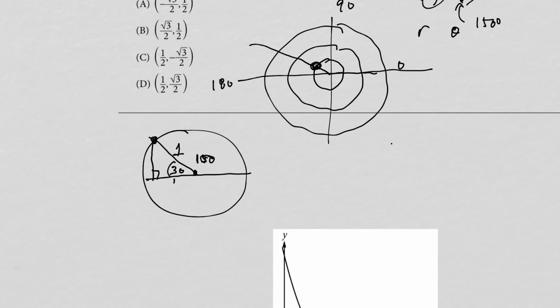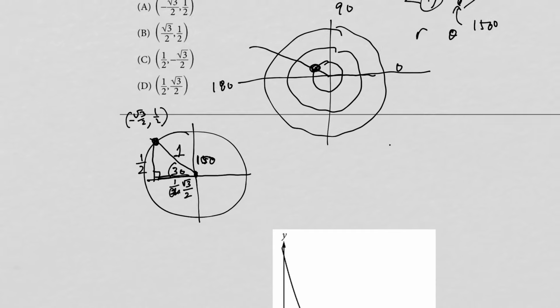In a 30-degree triangle, the short side is half the hypotenuse, and the medium side is square root of 3 times the short side. But this point is over here, in quadrant 2. So even though this distance here is radical 3 over 2, the x-coordinate of this point is negative radical 3 over 2, and the y value is 1/2.